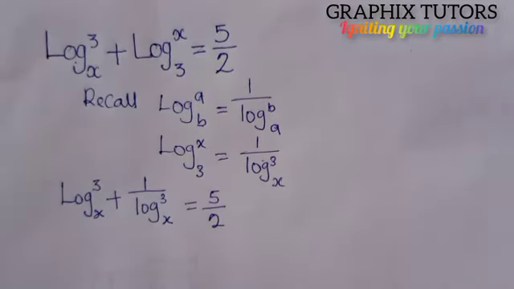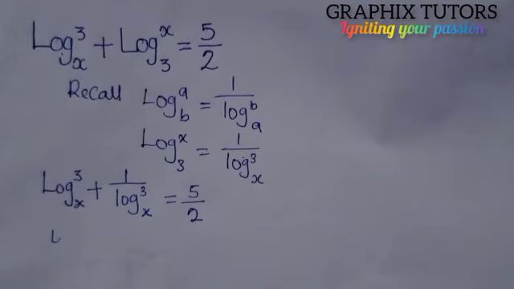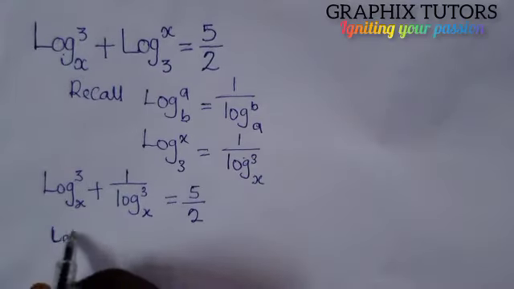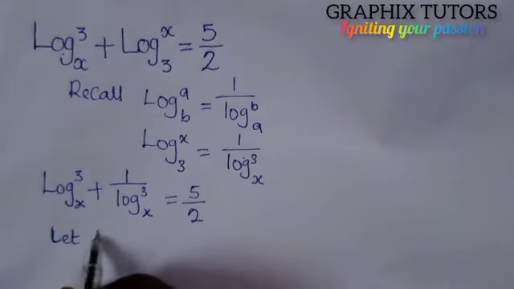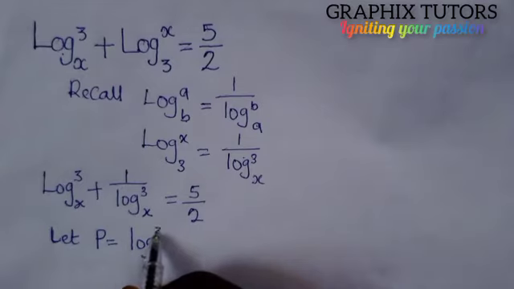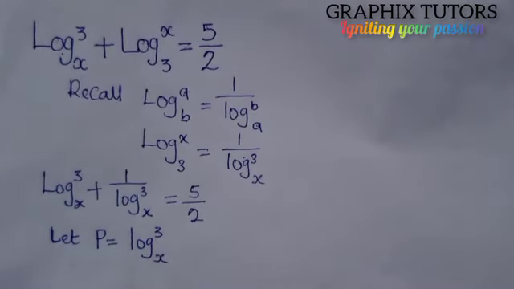You can see that? The next thing we're going to do is to represent log 3 to base x as p. So let p be equal to log 3 to base x.